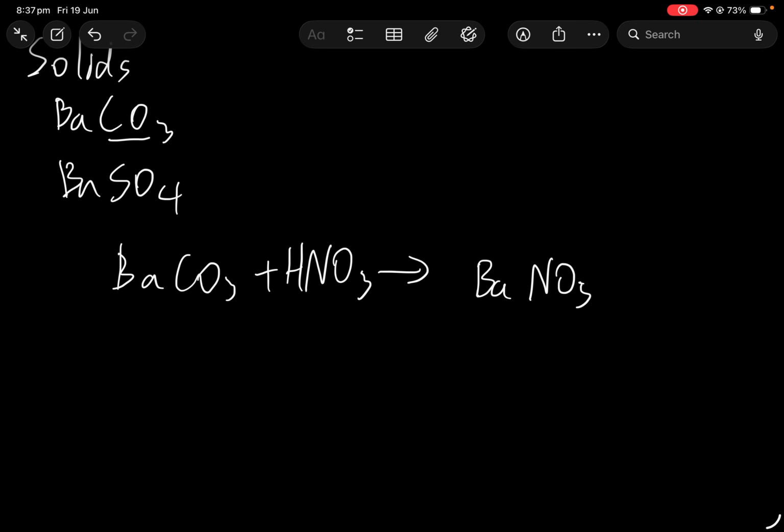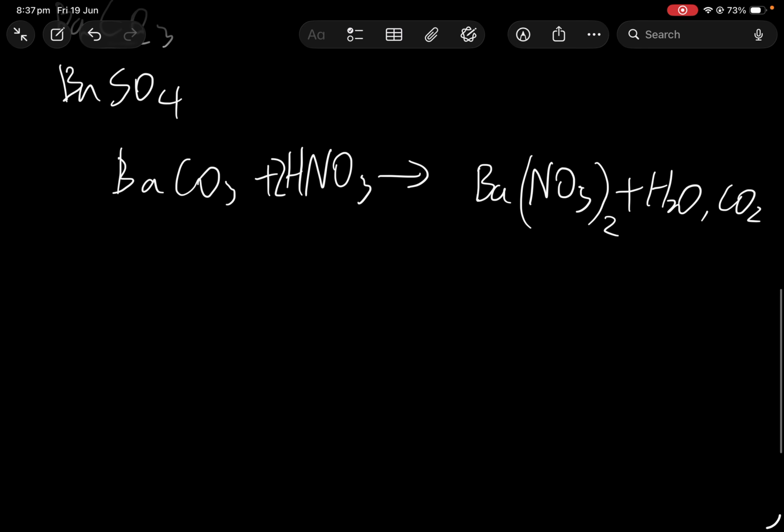Nitrate has a 1 minus charge and barium has 2 plus, so we have to put brackets and add a 2. Then we'll have H2O and also carbon dioxide. We'll have two of these, and that would work.